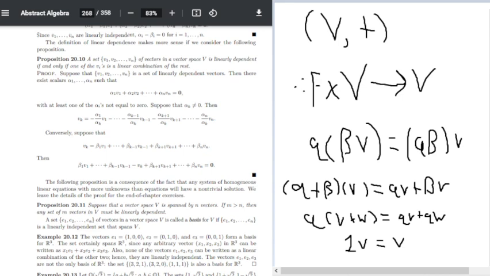We can assume this because there's only finitely many of them, so we can pick out a specific alpha k consistently. And as well, we already know that one of them is not equal to 0, so we have to have one. Then vk is equal to negative alpha 1 over alpha k v1 minus on and on minus alpha k minus 1 over alpha k vk minus 1 minus alpha k plus 1 over alpha k vk plus 1 on and on to minus alpha n over alpha k vn.